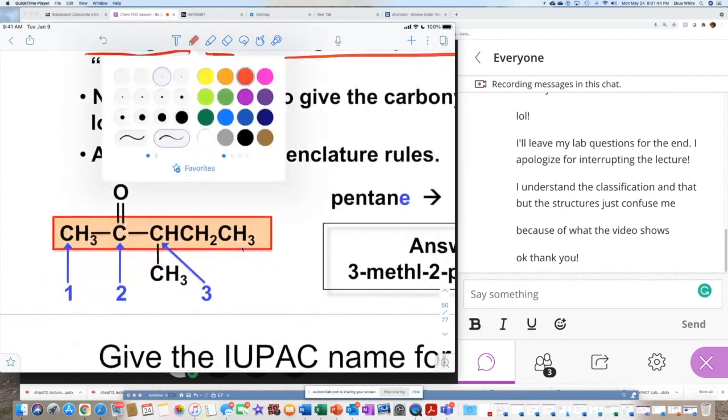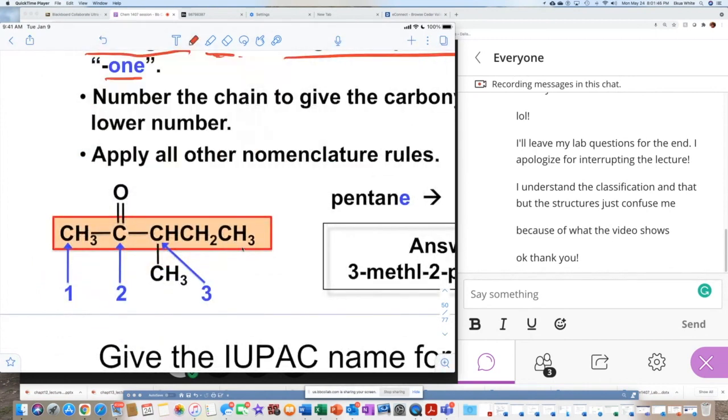So let's go ahead and deal with this structure here. We're dealing with a ketone where the longest chain has 5 carbons: 1, 2, 3, 4, 5. You want to start numbering from the left because the carbonyl carbon is close to the left. And then the side group is on the 3rd carbon. So, pentanone.